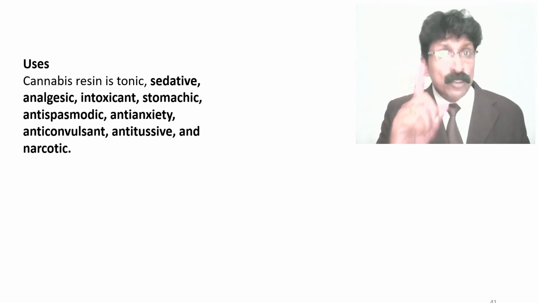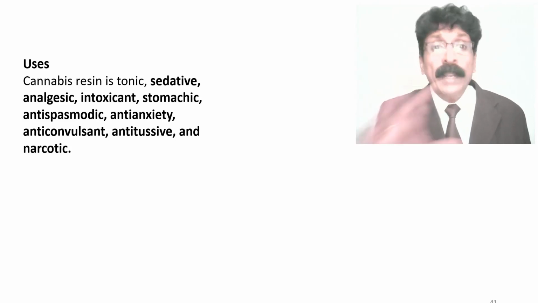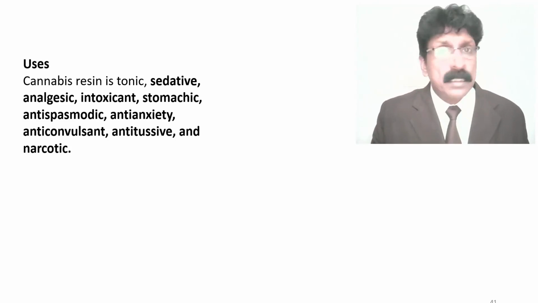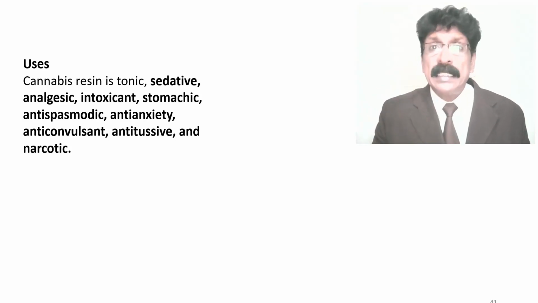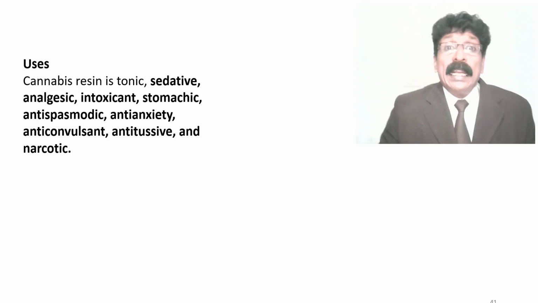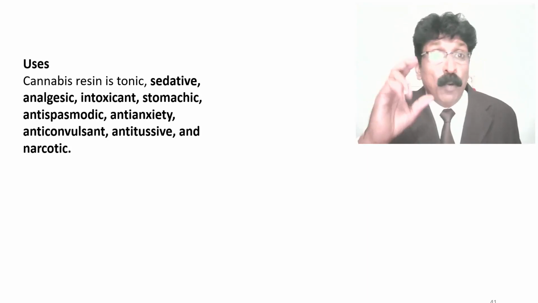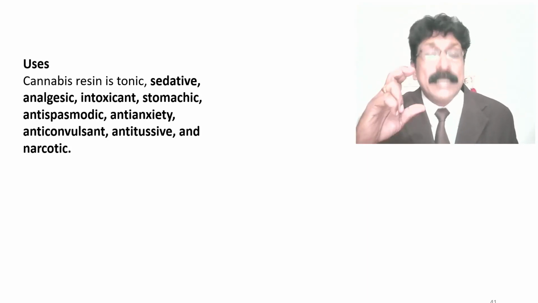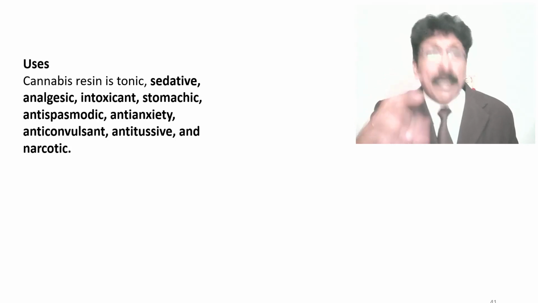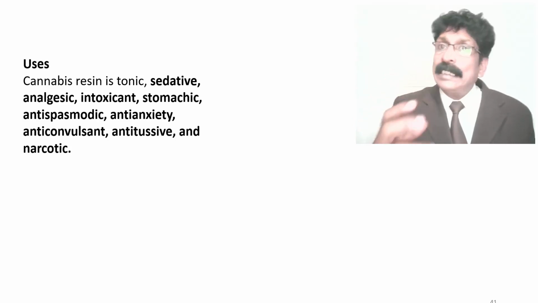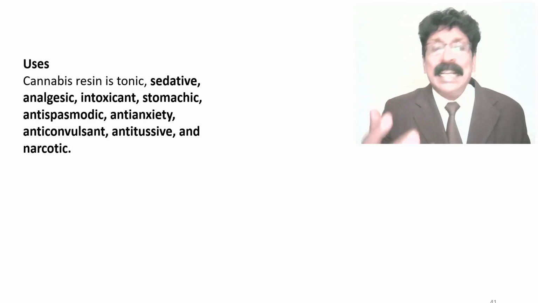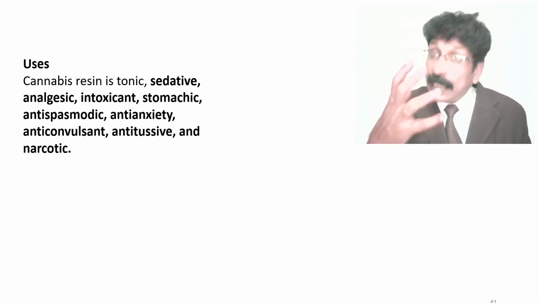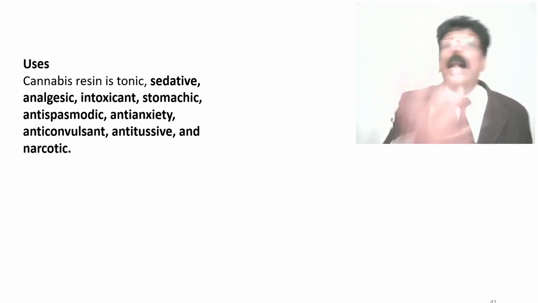You see, I told you from the beginning, when there is a pharmacology term, it is necessary for students to refer to the definitions and know them very clearly. The understanding is very important. You should know what is sedative, what is analgesic, what is intoxicant, what do you mean by stomachic, what do you mean by antispasmodic, anti-anxiety, anti-convulsant, antitussive, and narcotic.